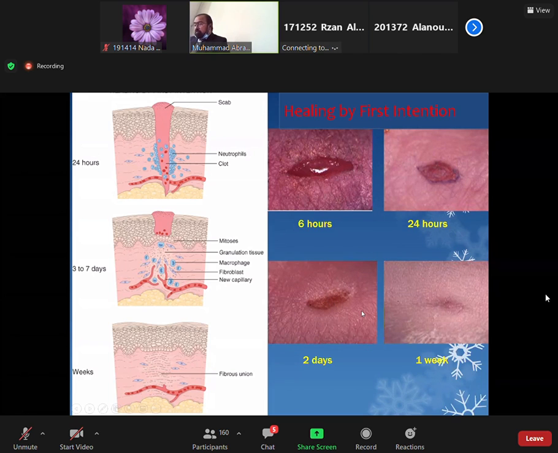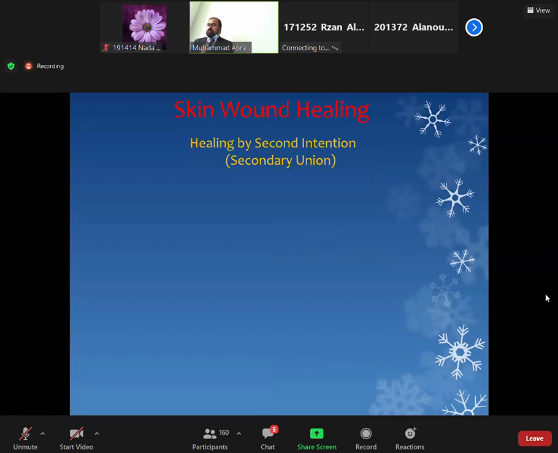In 1 week's time, almost the skin is formed, and probably after a month you will not be able to identify that you had a cut in that area. Thanks to the Almighty that it has given us a very good repair process that in a month's time you will not be able to see it.